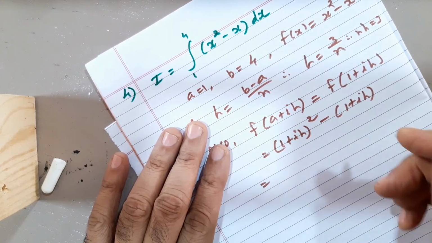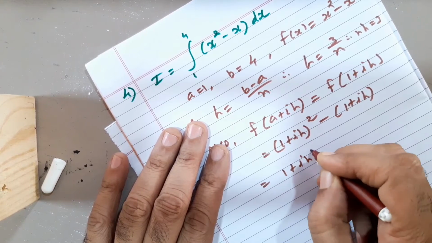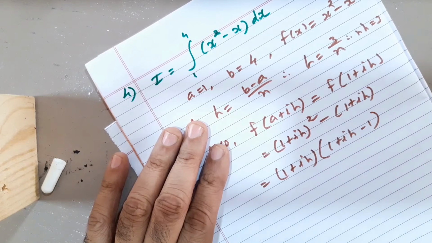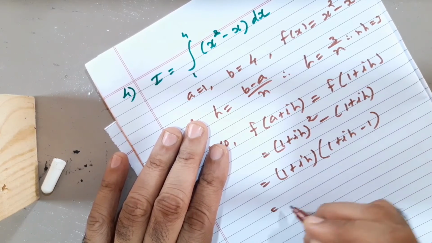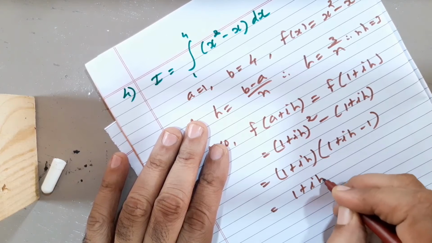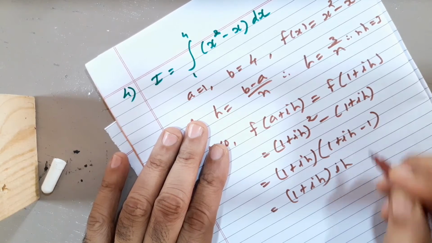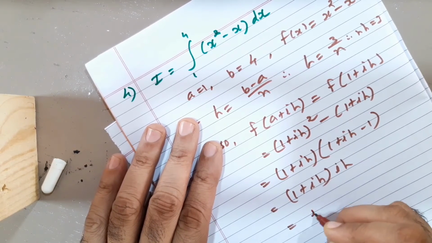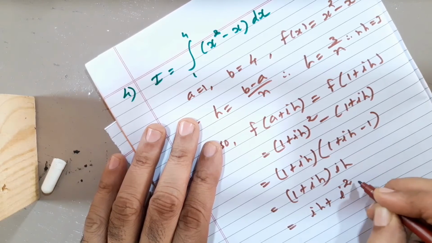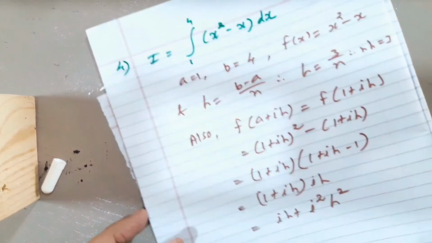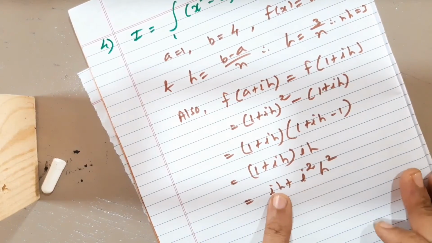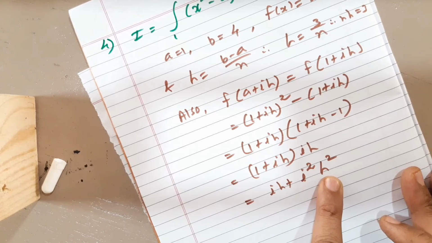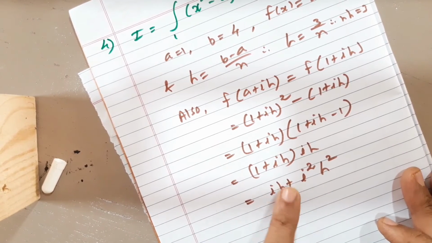So if I take common 1 plus ih, so what is inside? 1 plus ih minus 1, so 1 and 1 cancel. Okay, so 1 plus ih into ih. Now open this bracket also. Okay, so that will be ih plus i square h square. So what we have done, friends, f of a plus ih I have completed, simplified, so that I can directly use this in the formula f of a plus ih.